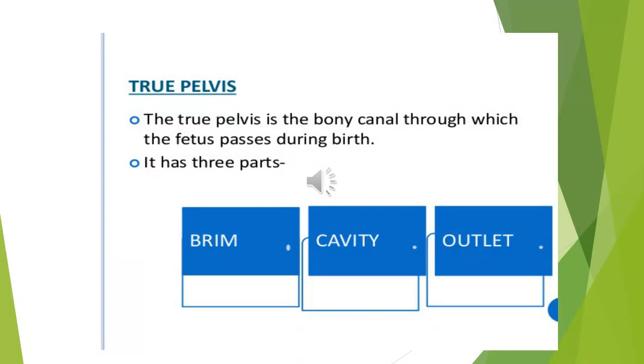So this is the bony wall of the true pelvis, and it can be divided into three parts: the pelvic inlet, otherwise called the pelvic brim, the pelvic cavity, and the pelvic outlet. The pelvic inlet is also called the superior aperture of the pelvis, and the pelvic outlet is also known as the inferior aperture of the pelvis.